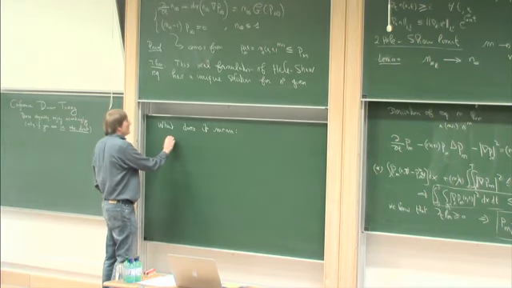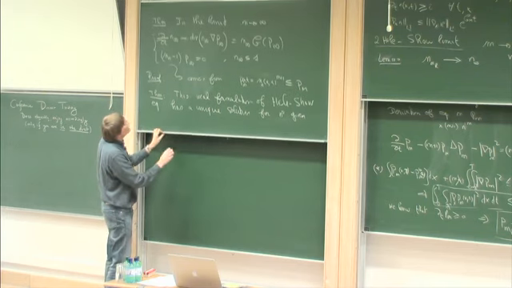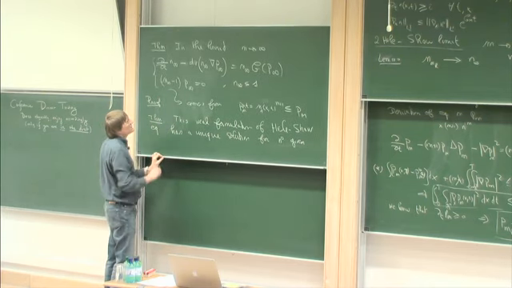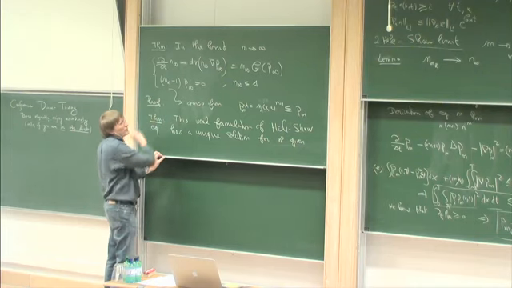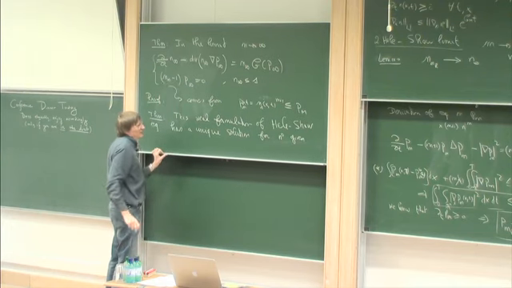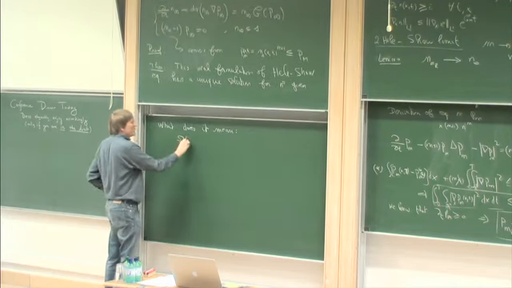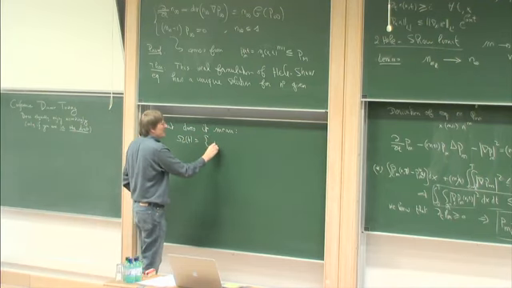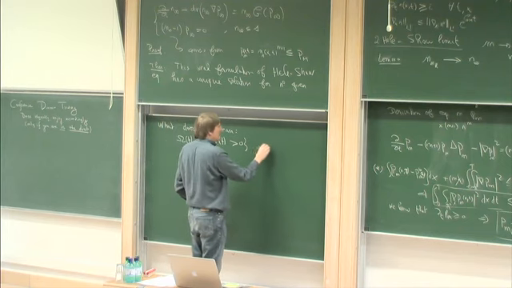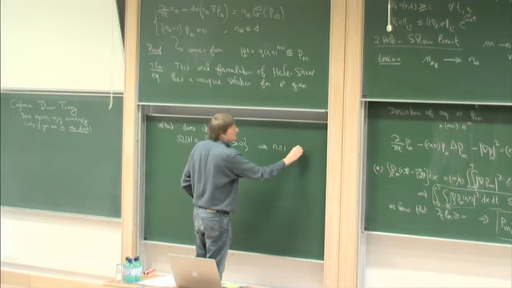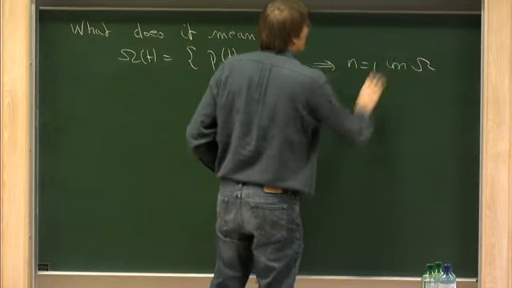More precisely, there is a set where the pressure is positive and then n equals 1, and a set where n is less than 1 and then the pressure is zero. If you define Omega of t as the set where the pressure is positive, then n equals 1 in Omega.